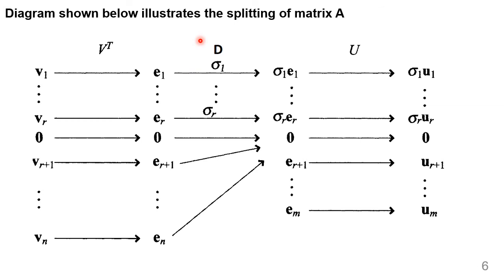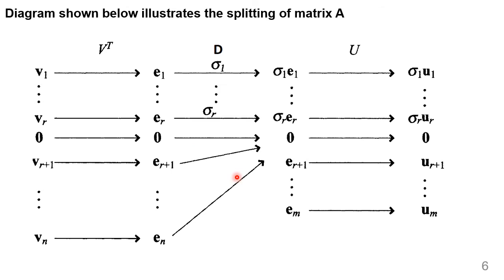Sigma is a matrix with diagonal elements as singular values sigma 1 to sigma r, and it is an n cross n matrix, which is also known by the name D, and it is a stretching matrix.